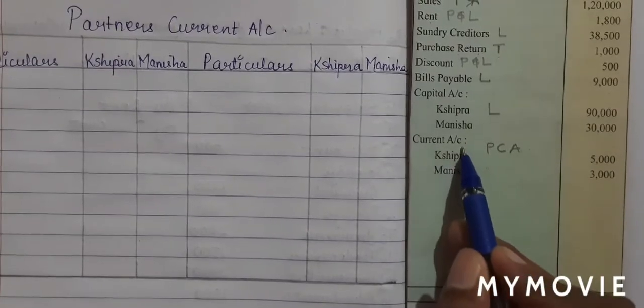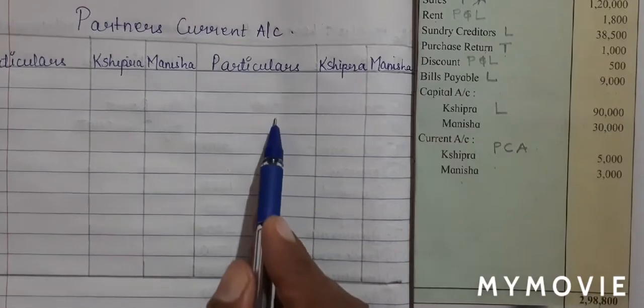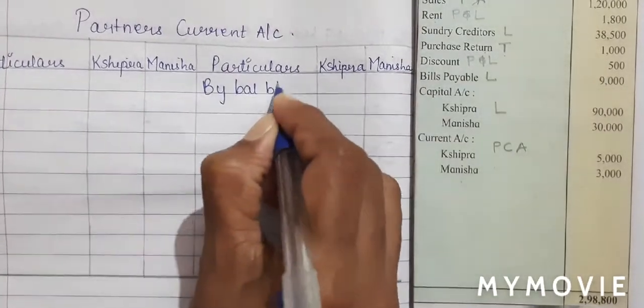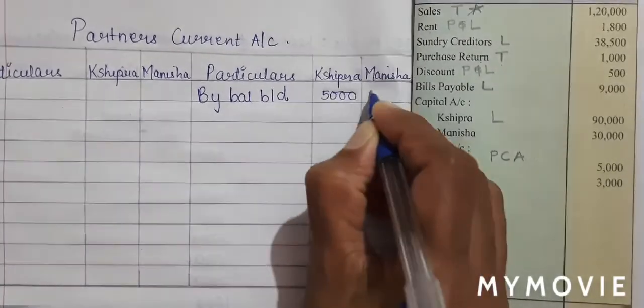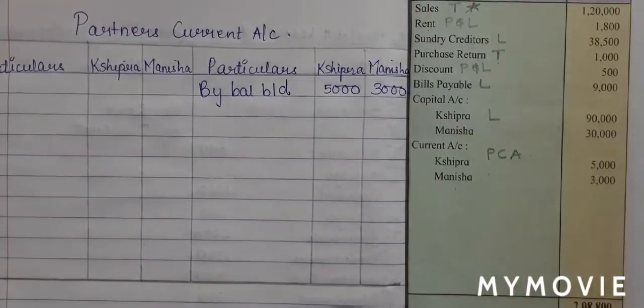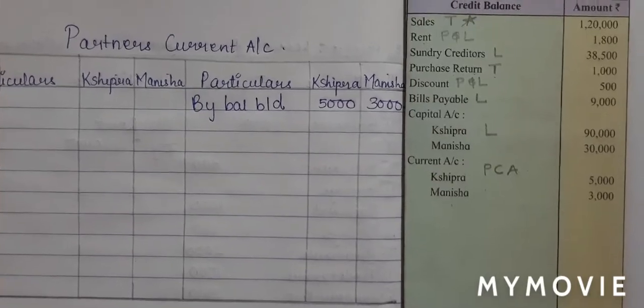Next is my current account, which will be written in my partner's current account. On the credit side, I will write down by balance brought down. For Shipra, it is 5,000 and for Manisha, it is 3,000. With this, students, we have completed our credit balance and step number 3.